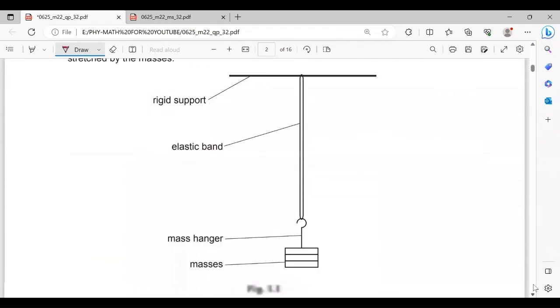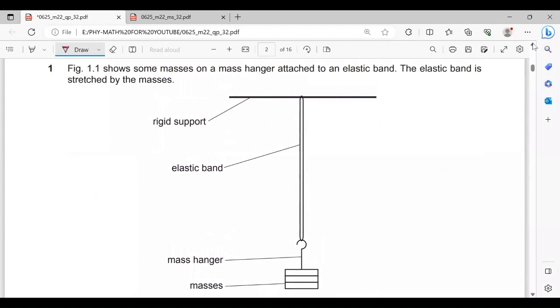For number 1, figure 1.1 shows some meshes on a mesh hanger attached to an elastic band. The elastic band is stretched by the meshes. Okay, this is the hanger, and this one reaches the support.